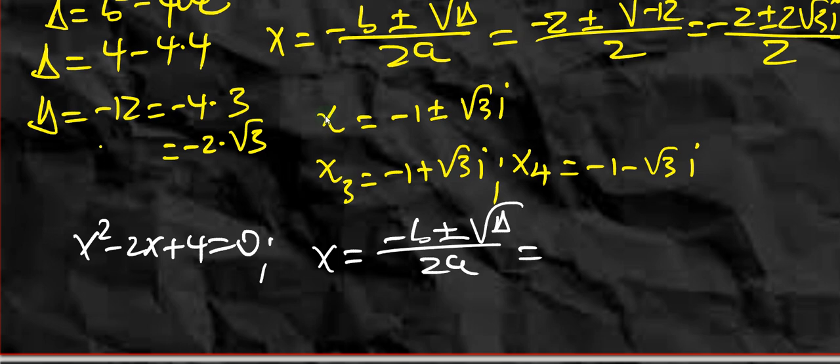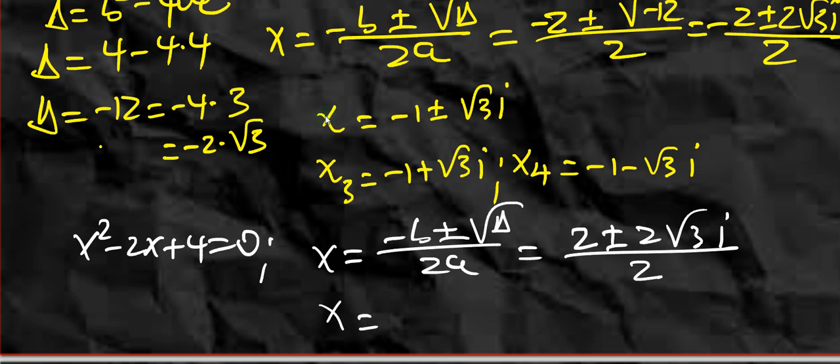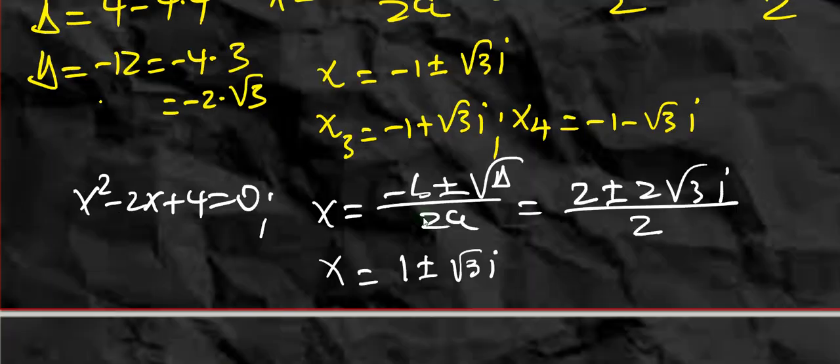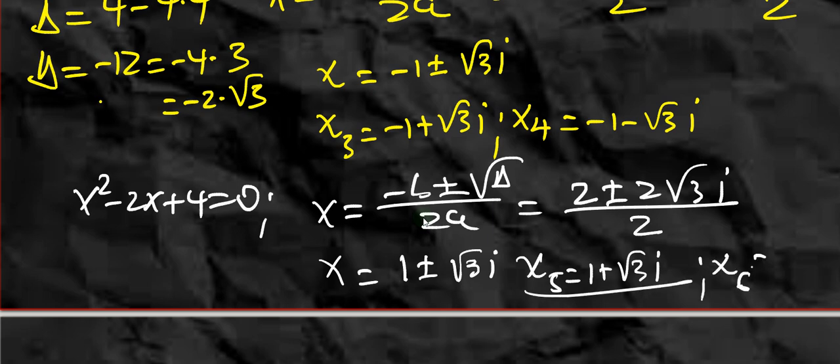We have minus b, which is 2, plus or minus, we already have done here, 2 square root of 3i divided by 2. So our x is going to be, simplifying the 2 here, 1 plus or minus square root of 3i. So we get our x5 equals 1 plus square root of 3i, and our x6 equals 1 minus square root of 3i.